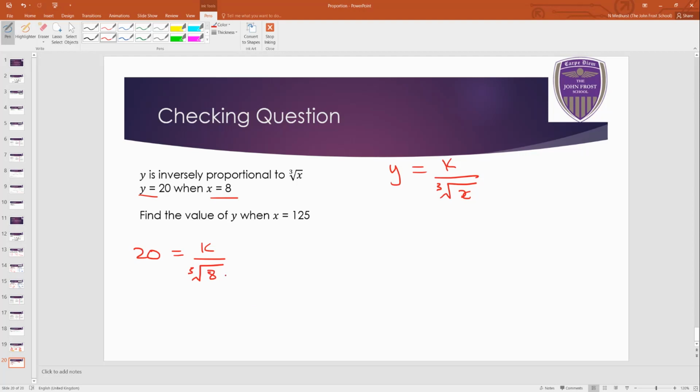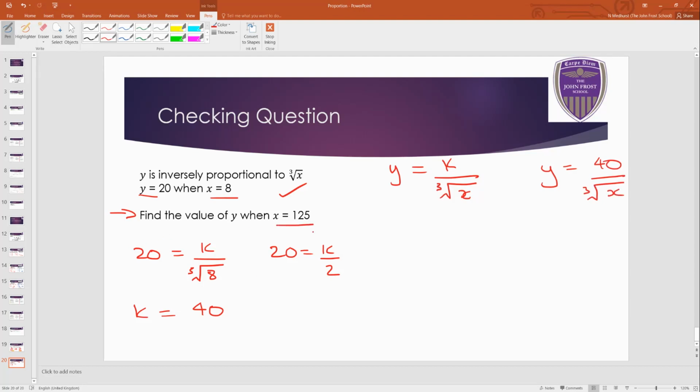The cube root of 8 means what do you cube to make 8? And that's 2. Okay, so 20 equals k over 2. That means k must equal 20 times 2, which is 40. So that's that done. Now let's look at this. So if k is 40, our equation now becomes y equals 40 over the cube root of x.